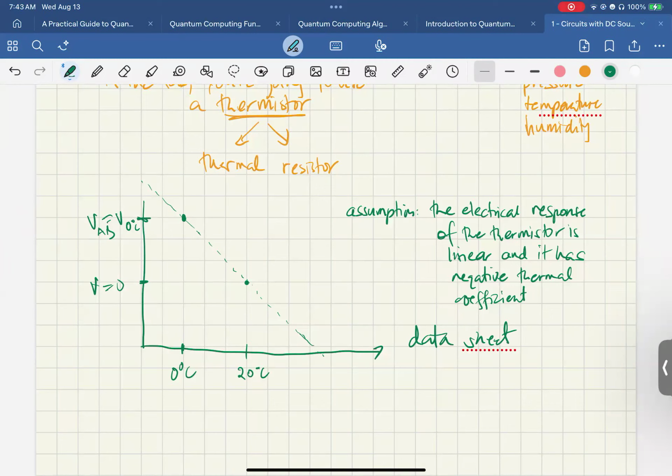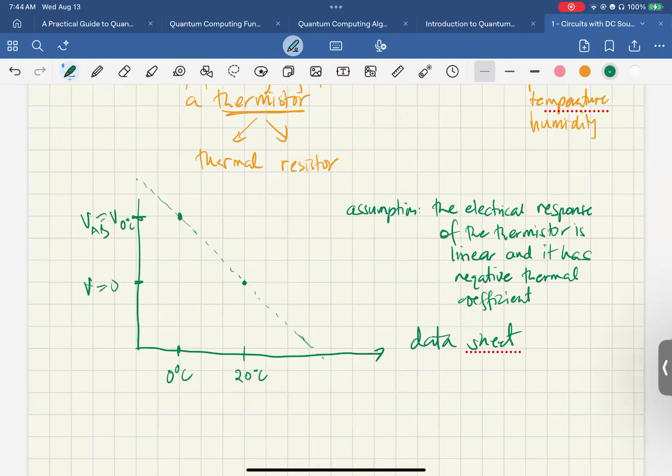Titignan nyo lang yung label, hanapin nyo sa internet yung label, and then you can pull out the data sheet. So dun pa lang malalaman nyo na yung response, kung linear siya or non-linear, kung meron siyang negative thermal coefficient. So that's how you calibrate this electronic thermometer, shall we say.